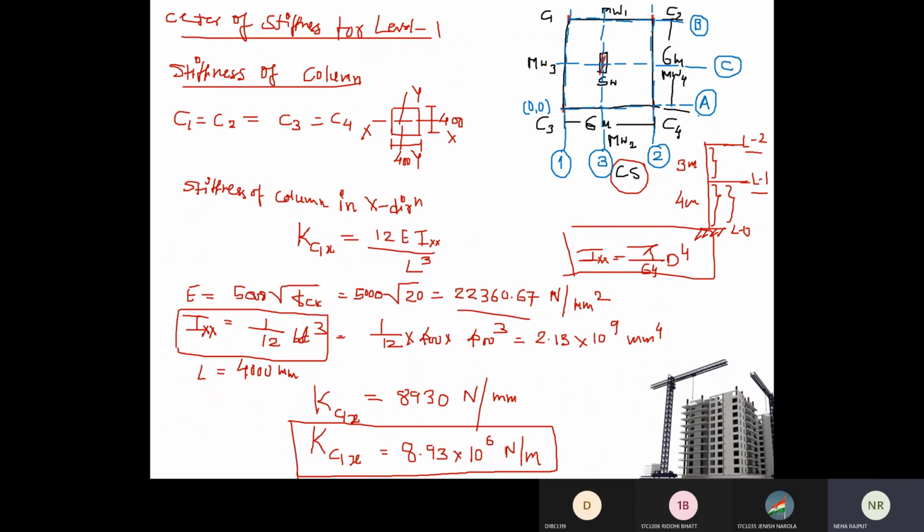For A grid calculation, there are 4 columns available at the corner.